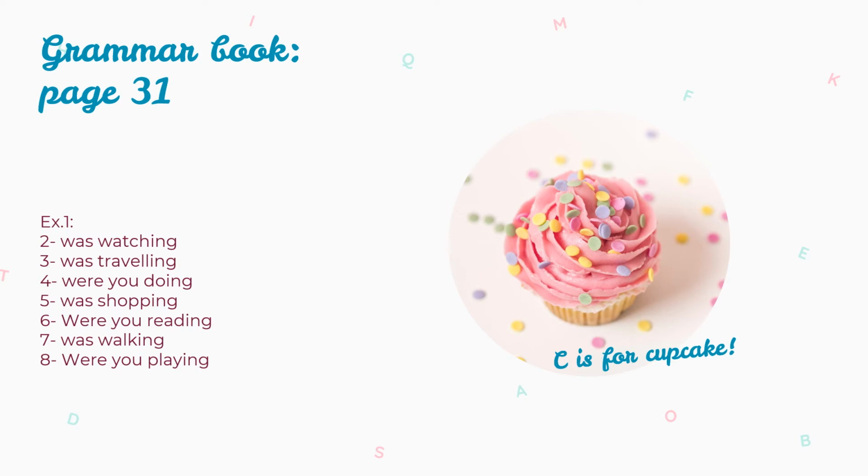So complete the sentences, use the past continuous of the verbs in brackets. Before we start this exercise, I just want to remind you, if we are dealing with a singular subject, use was with verb plus ing. If we are dealing with a plural subject, use were plus verb ing.